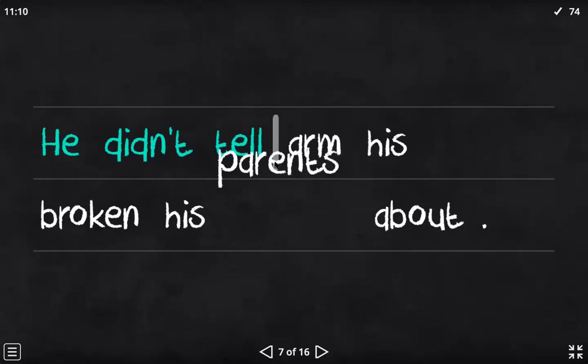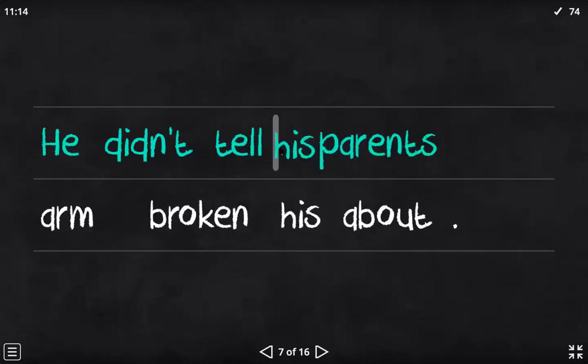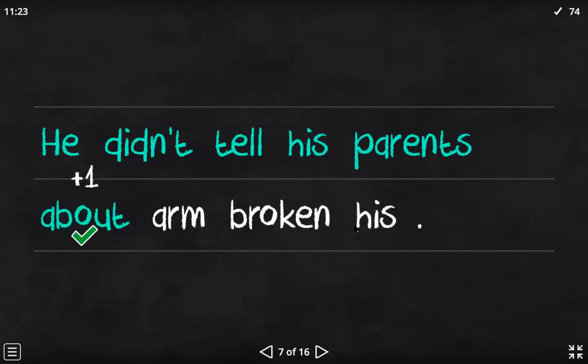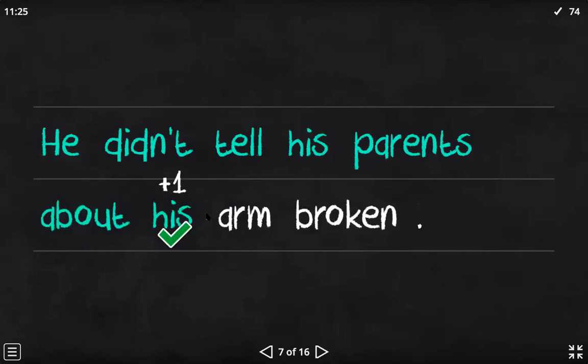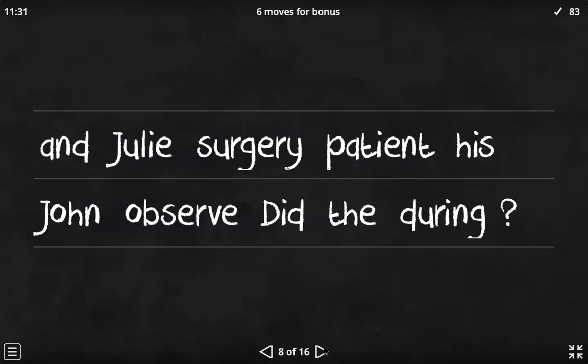Parent. He didn't tell his parents. Yes, very good. His parents. What didn't he tell? ¿Qué no les dijo? About his broken arm. Very good. No le dijo a sus papás sobre su brazo roto.